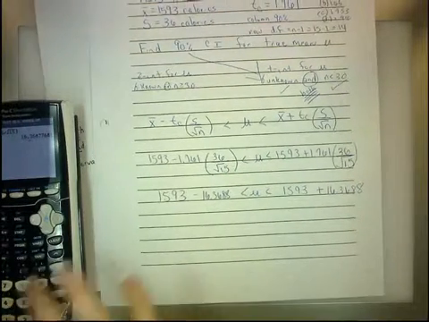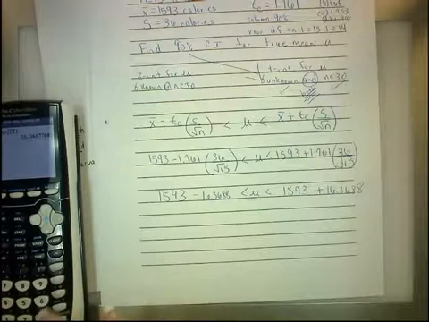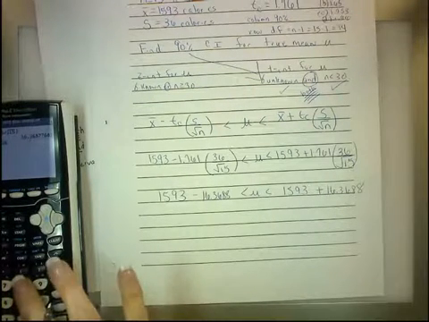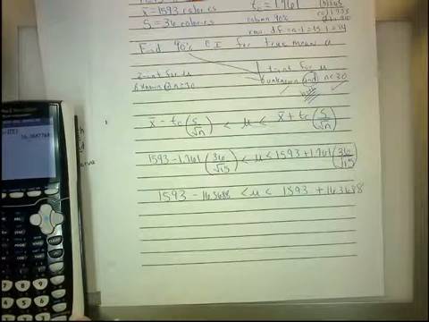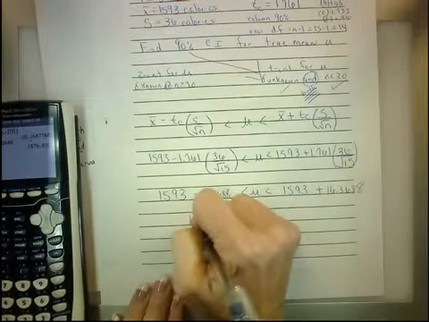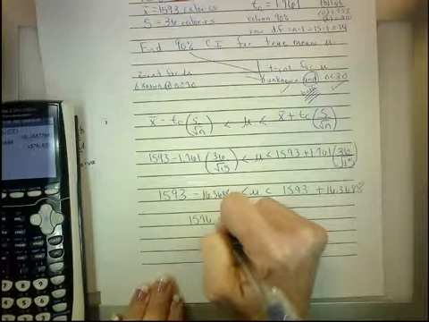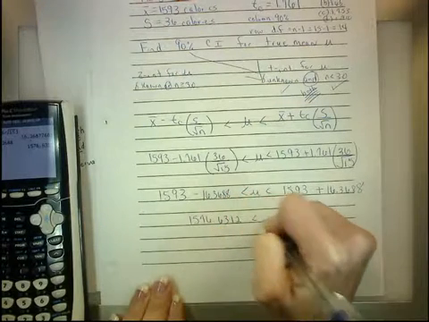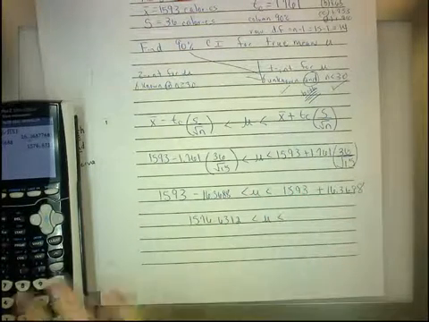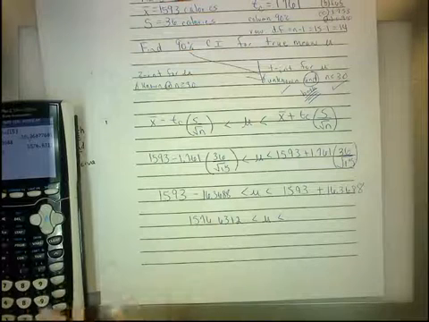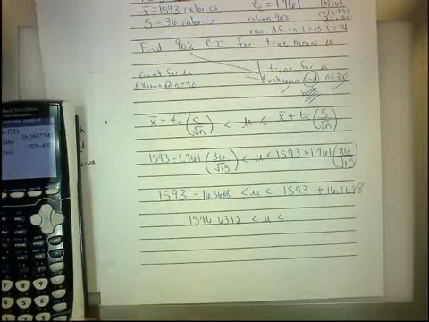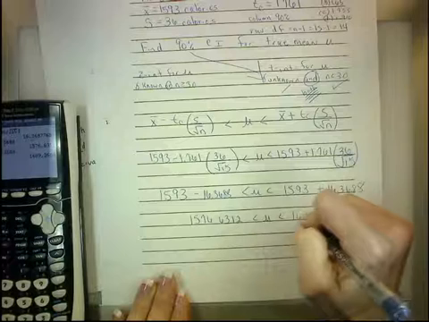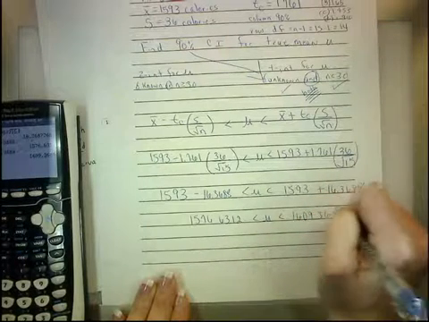Subtract from 1593: $1576.6312. Add to 1593: $1609.3688.